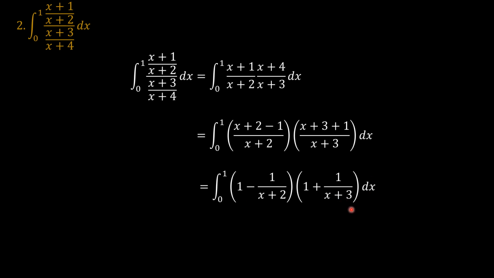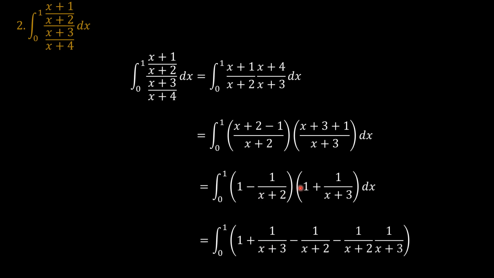Now multiplying through gives you first of all 1 times 1 is 1, 1 times 1 over x plus 3 is 1 over x plus 3, then negative 1 over x plus 2 times 1 is negative 1 over x plus 2, and then negative 1 over x plus 2 times 1 over x plus 3 is negative 1 over x plus 2 times 1 over x plus 3.